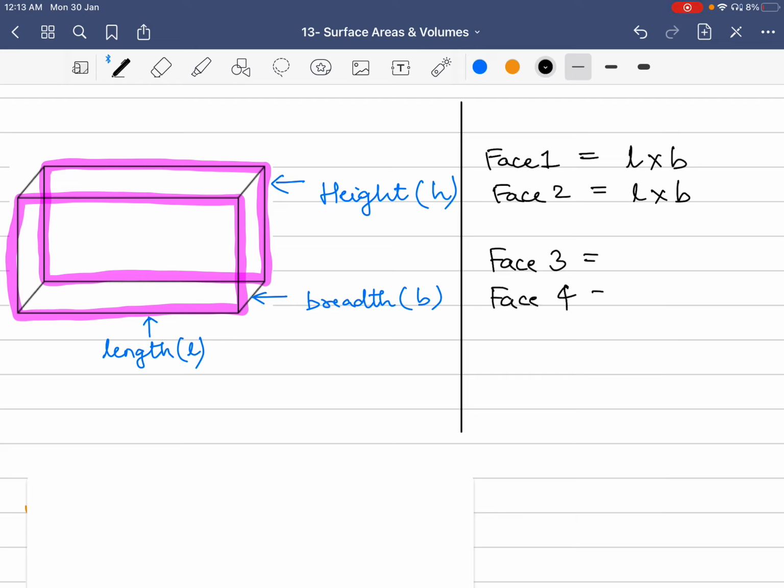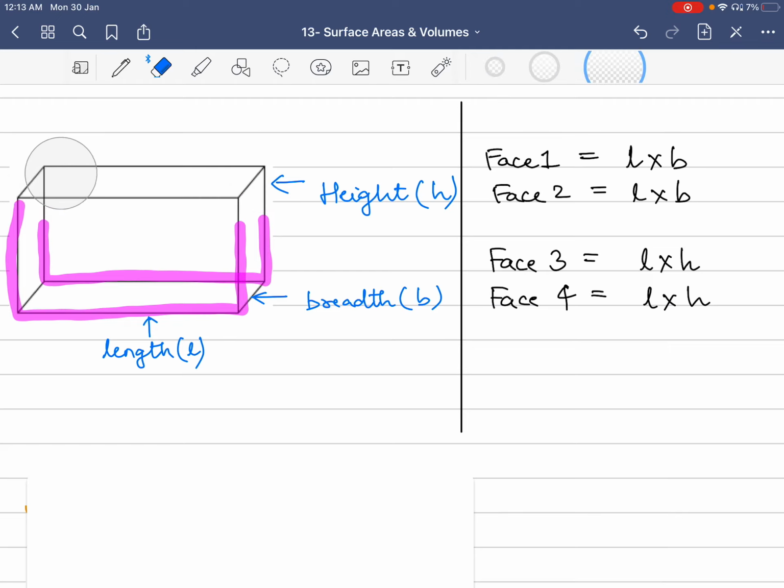Both these faces 3 and 4 are equal and they are rectangles. What is this? This is length. And what is this? This is the height. So L into H will give us the area of this pink rectangle. Similarly, this behind one also: this is the length, this is the height. So I'm going to write here length into H and length into H. Now once again, let's get rid of this.